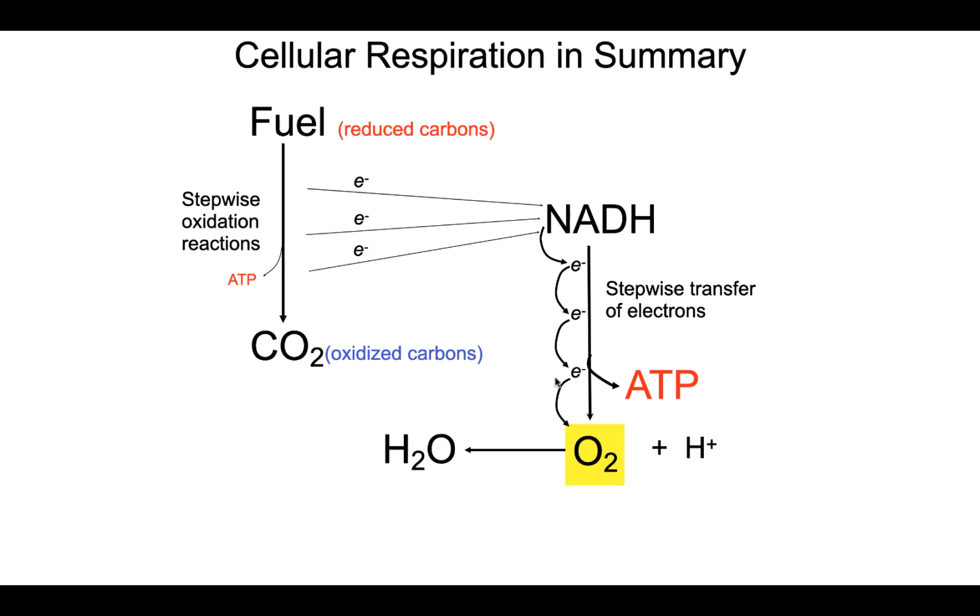That energy is being used to do work to make ATP. The final acceptor of the electrons from our fuel source is oxygen, which when it accepts those electrons, it grabs a couple protons from solution, it becomes H2O. That is cellular respiration in a nutshell.